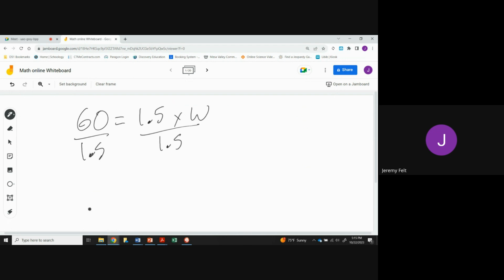Remember, if the unknown number we're looking for is on the right or the left, it's the same thing. 60 divided by 1.5, or 3 halves times 2/3 on 60, you get 40. So 60 is 150% of 40, and that makes sense because 150% means we're going up. 60 is more than 40, so it checks out.